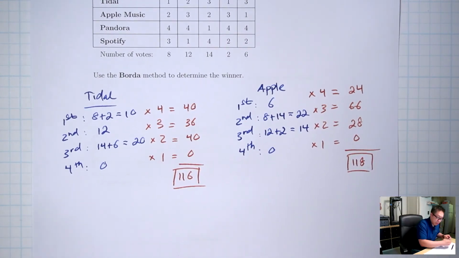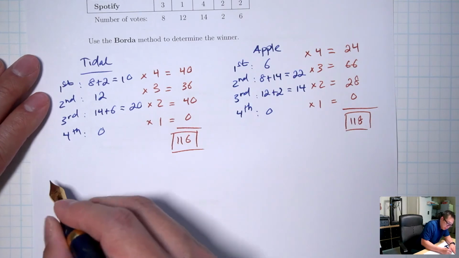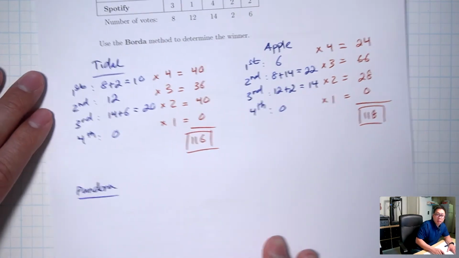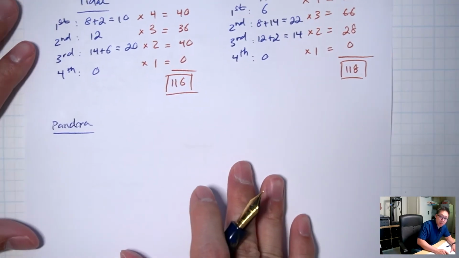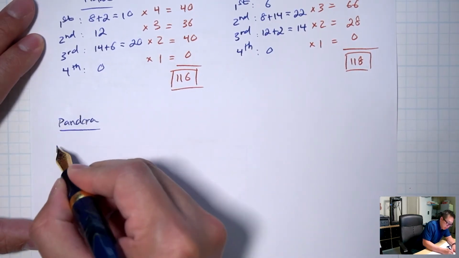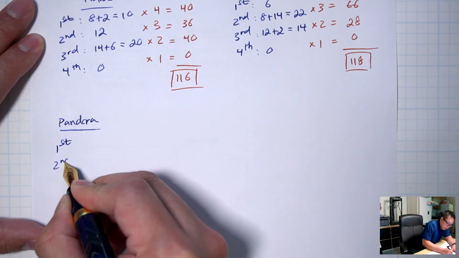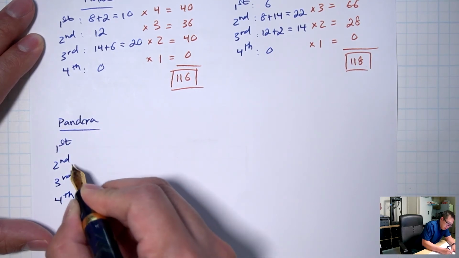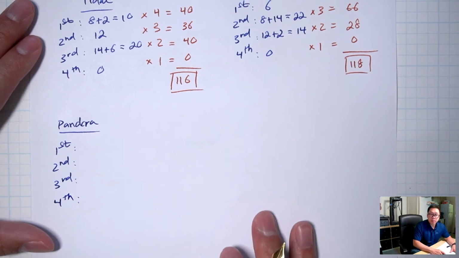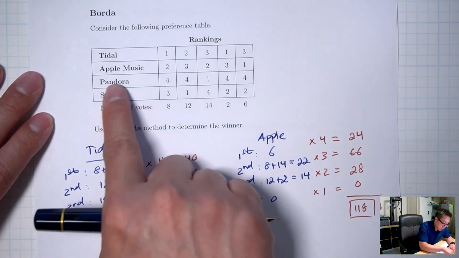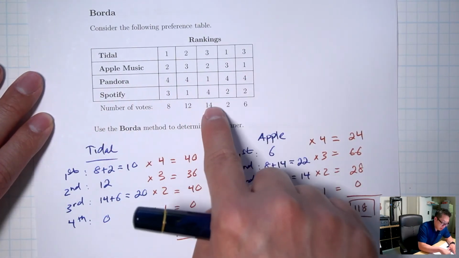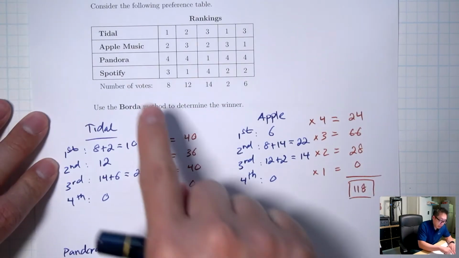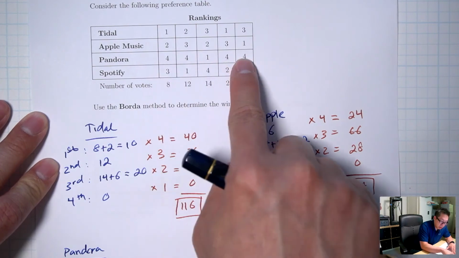Next up is Pandora. Okay, we'll do the same thing. First, second, third, and fourth. All right. First place for Pandora, just this one, so just 14. Second place, Pandora, I don't see any 2s, so that's none.